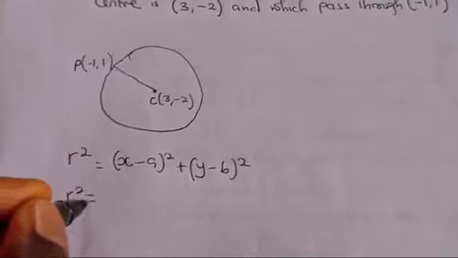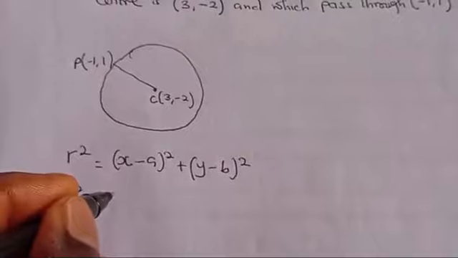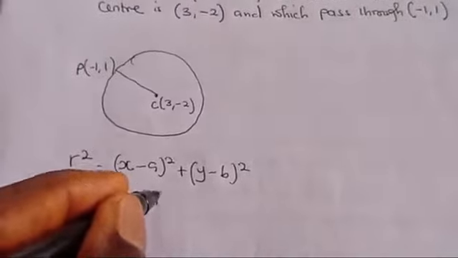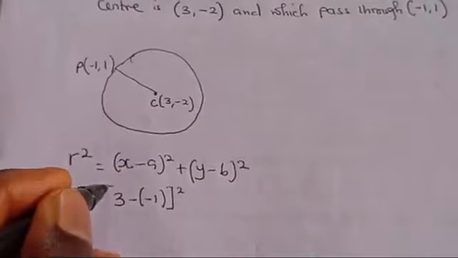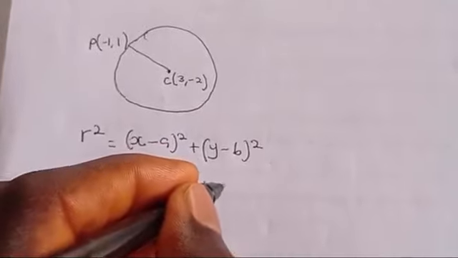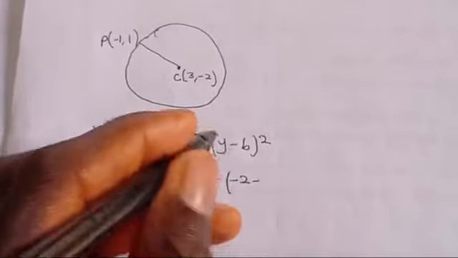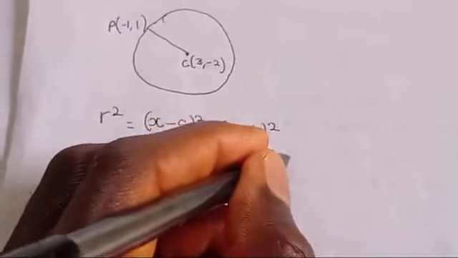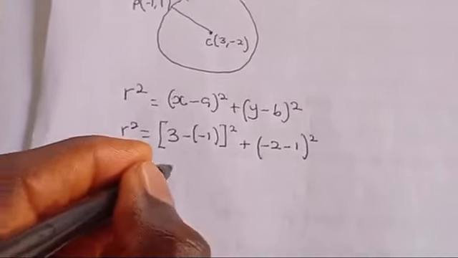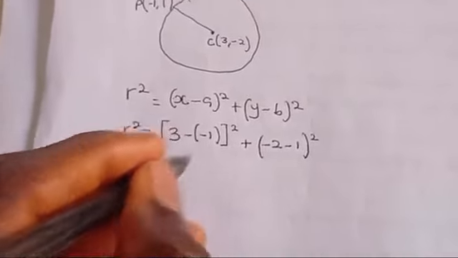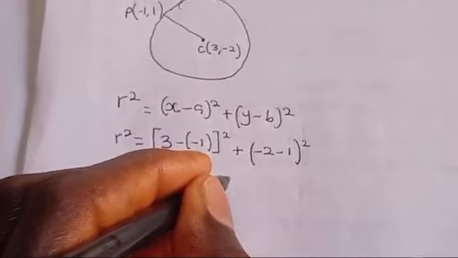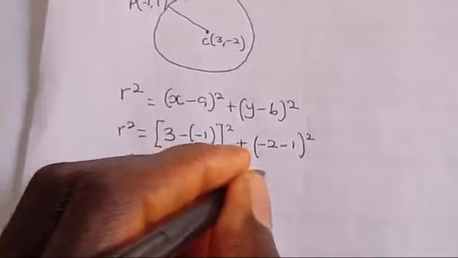R squared will be equal to our x, in this case we have 3, minus our a, -1, all squared, plus our y here, -2, minus our b, which is 1, all squared. R squared is equal to 3 minus -1, we have +1, all squared, plus -2 minus 1, we have -3, all squared.